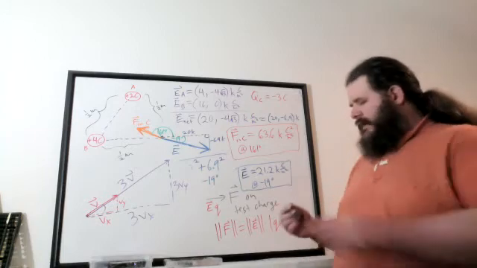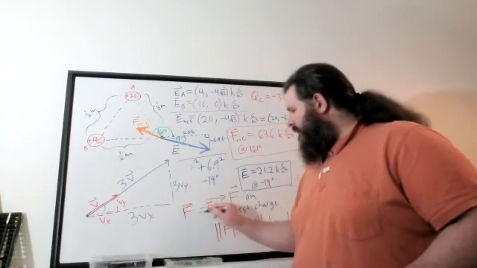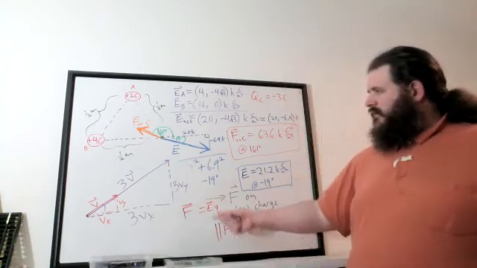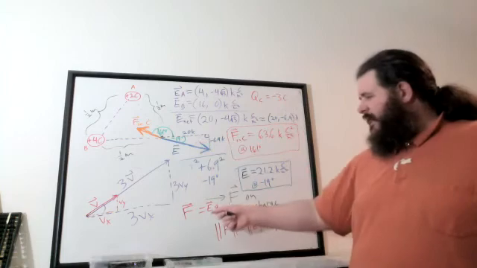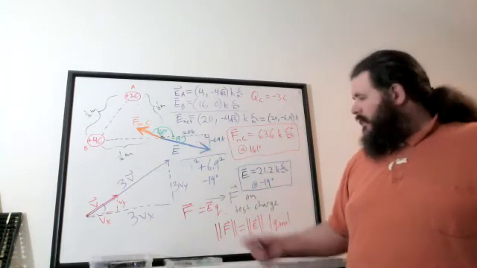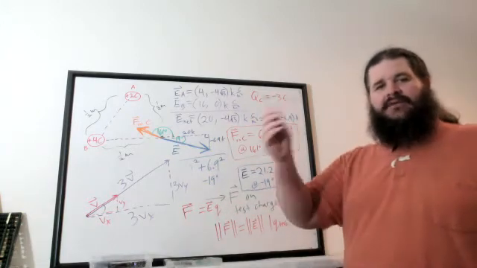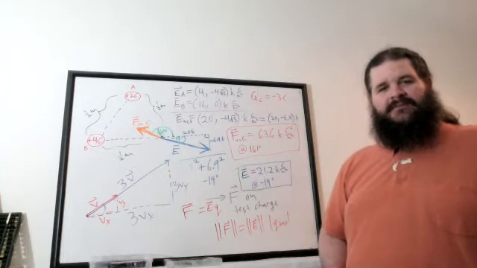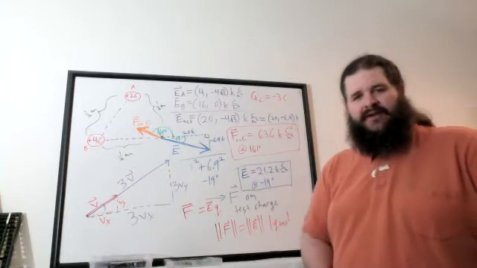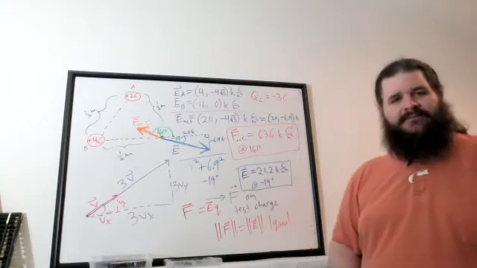Take force being electric field times charge. The electric field is a vector in a certain direction. If you multiply by a positive scalar, you keep the same direction, you just modify the magnitude. If you multiply by a negative scalar, you modify the magnitude and flip the direction around 180 degrees. You're inverting the direction of the vector. But the magnitude doesn't depend on the sign at all.